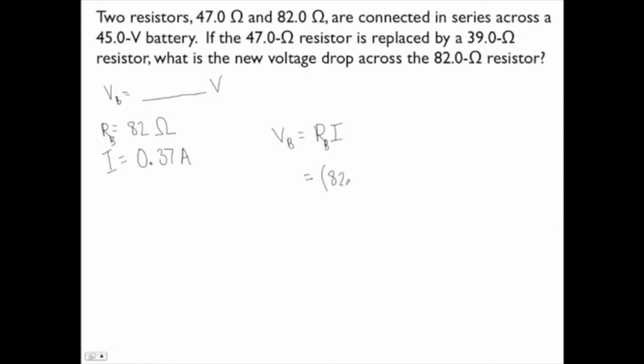So we'll have this 82 ohms times 0.37 amps, and you should get 30.34 volts. So the last time this resistor had 28.7 volts, but now it has 30 because the resistor A got smaller, and so it used less of the volts.